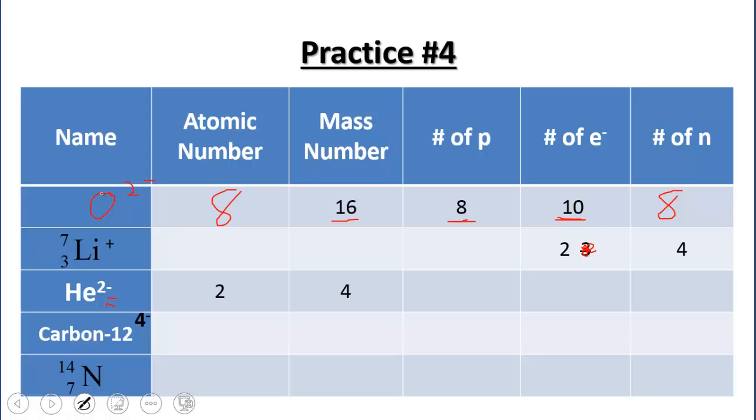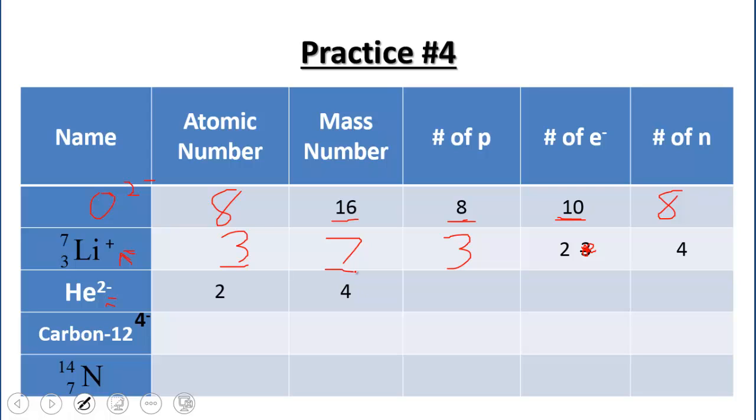So oxygen with a -2. Lithium has the little plus ion symbol next to it. So lithium atomic number 3, mass number of 7, number of protons for lithium, atomic number is 3. And if we notice the electron amount here got changed to 2, that shows us that we have that positive 3. And then 4 neutrons, 7 minus 3, atomic mass number minus the atomic number, gets you that 4 neutrons.